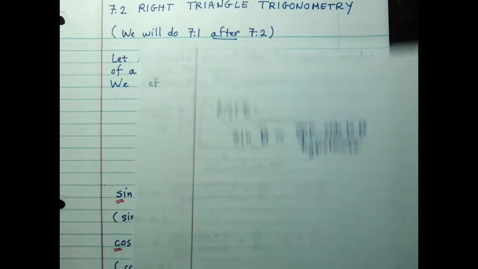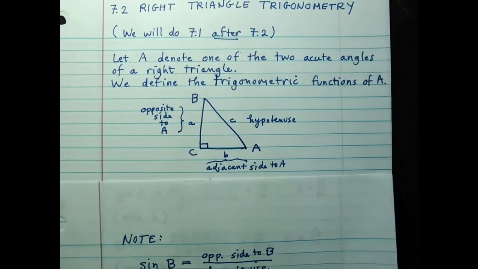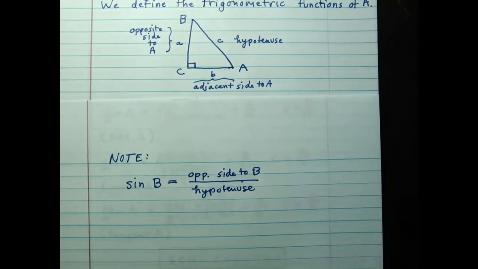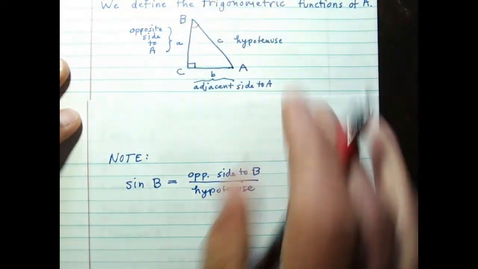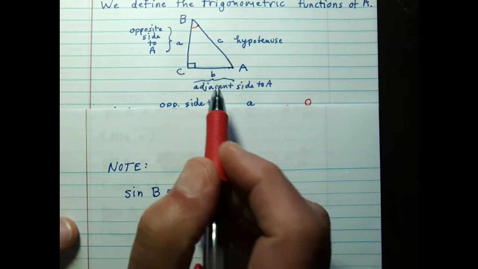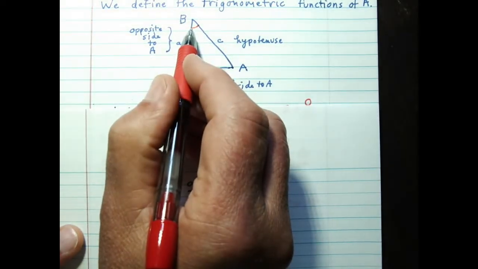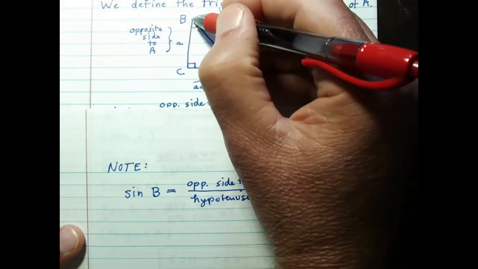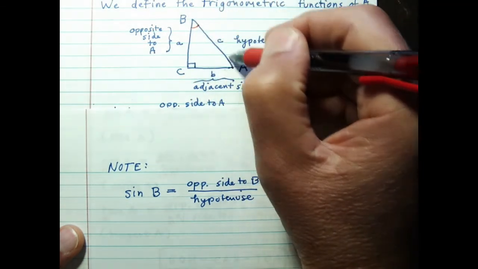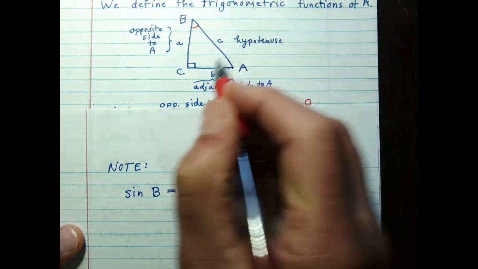Now let's go back to our picture of the right triangle we're working with here. Angle B is up here, and so the roles of opposite and adjacent are different for B than for A, because the sides of the angle B are a and c, the hypotenuse.